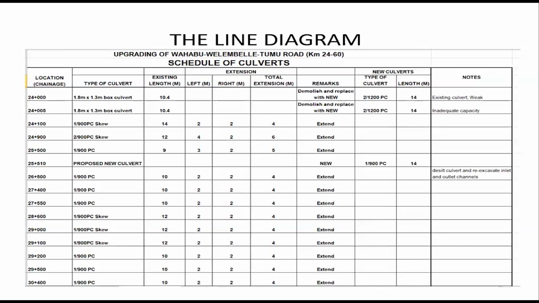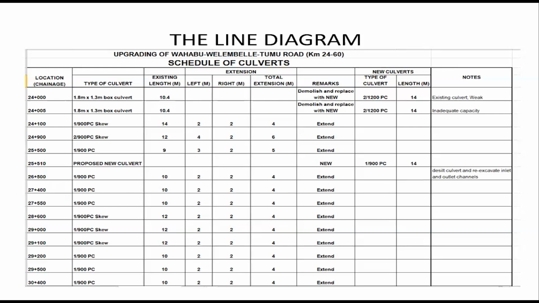For example, at GNH 27+550, the existing culvert is a pipe culvert, one cell 900 millimeter diameter, and the existing length is 10 meters. So we are coming to extend it. It means it's in good condition, so it needs to be extended.